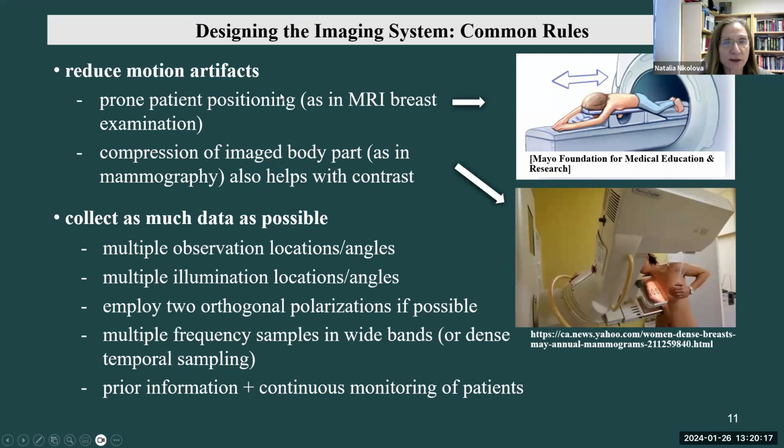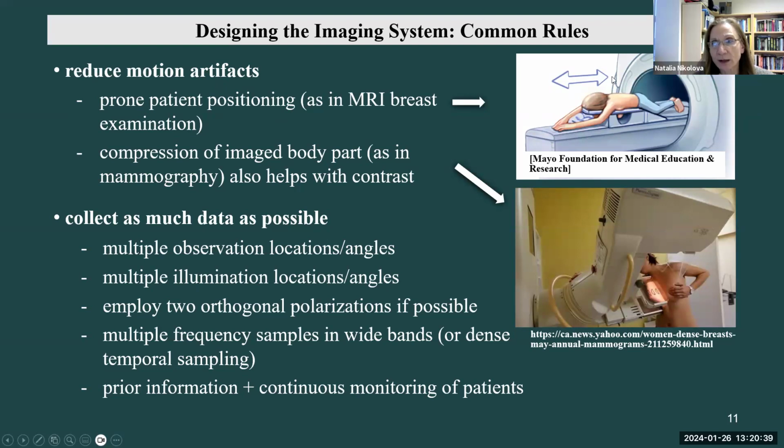Of course, we have to follow certain common rules. We have to reduce motion artifacts, and we have to aim at collecting as much data as possible. The reduction of motion artifacts is achieved typically by prone patient positioning, as is shown in MRI imaging of the breast.